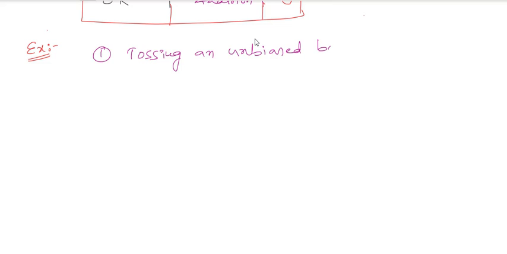What is the difference between a biased and an unbiased coin? Unbiased is also called a fair coin, and biased is called unfair.